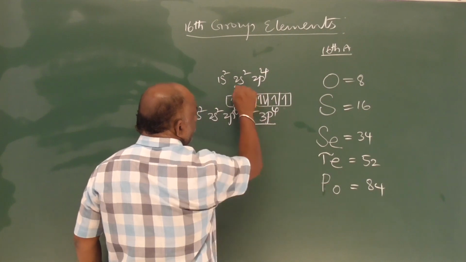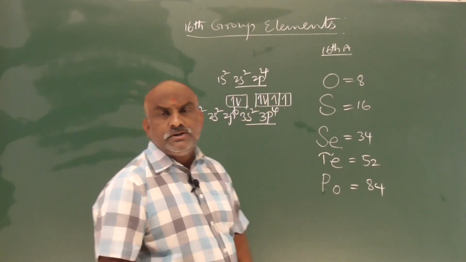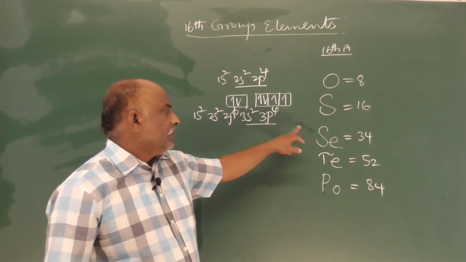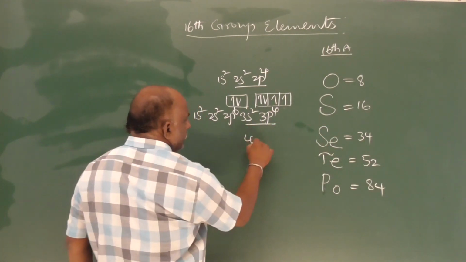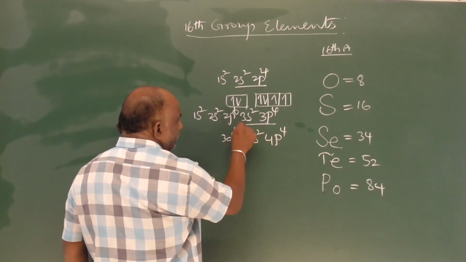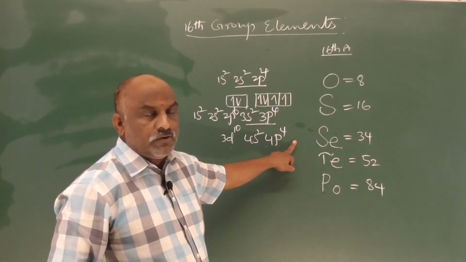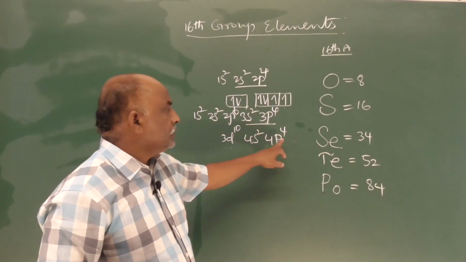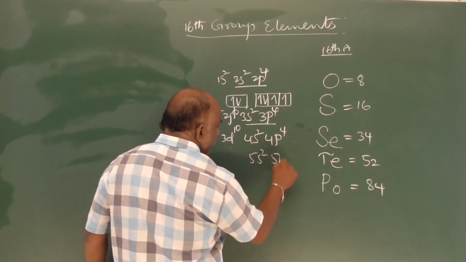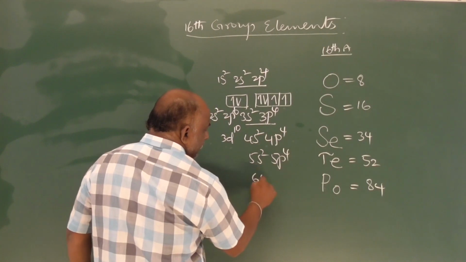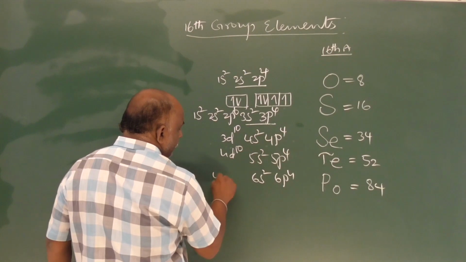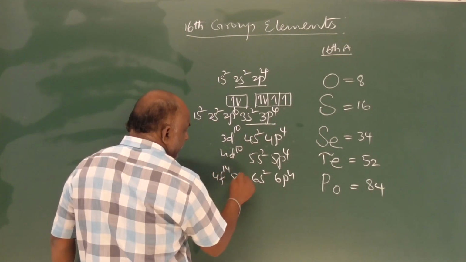Oxygen is 2s2, 2p4, sulfur is 3s2, 3p4, selenium is 3d10, 4s2, 4p4, tellurium is 5s2, 5p4, and polonium is 6s2, 6p4, with 4d10 followed by 4f14 and 5d10.